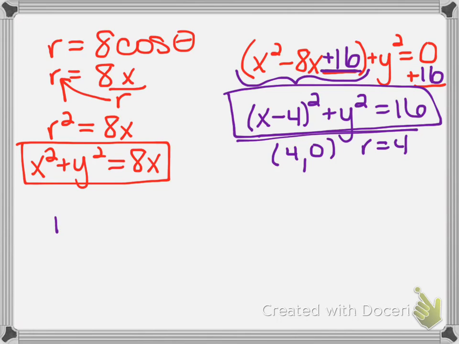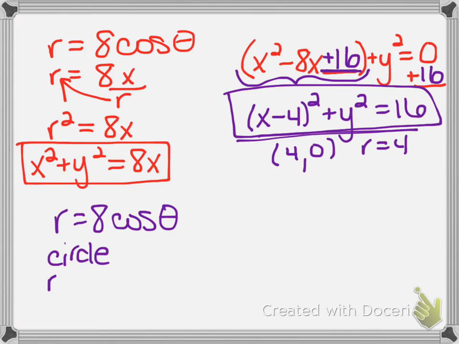And so if we go back and look at the polar form of the equation, we know it's a circle because we know our types of polar equations. We know it's been moved to the right of the pole because cosine moves horizontally and 8 is positive. It's going to move in the positive direction horizontally.